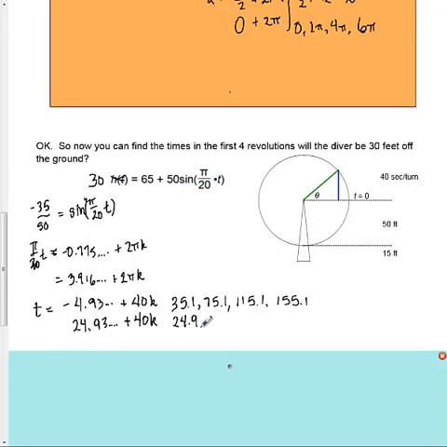And then if we add 40, we get 64.9, and these are all rounded now. 104.9, and 40 more seconds, 144.9, and those are the times when a diver will be 30 feet off the ground, and 30 feet, of course, is down here.